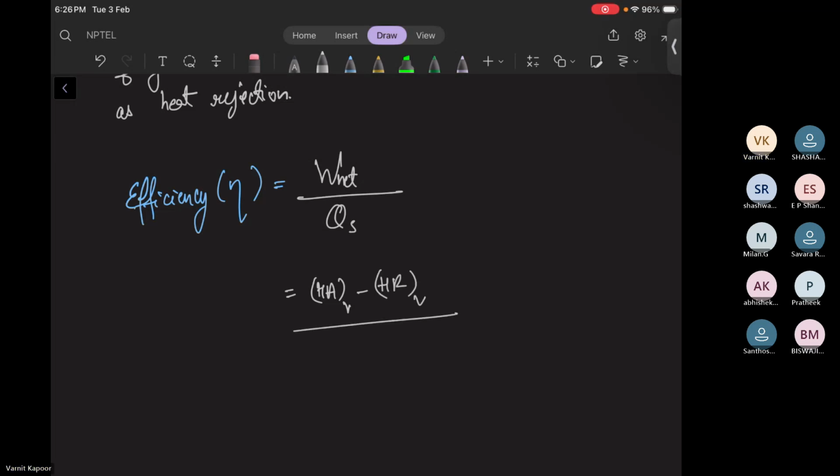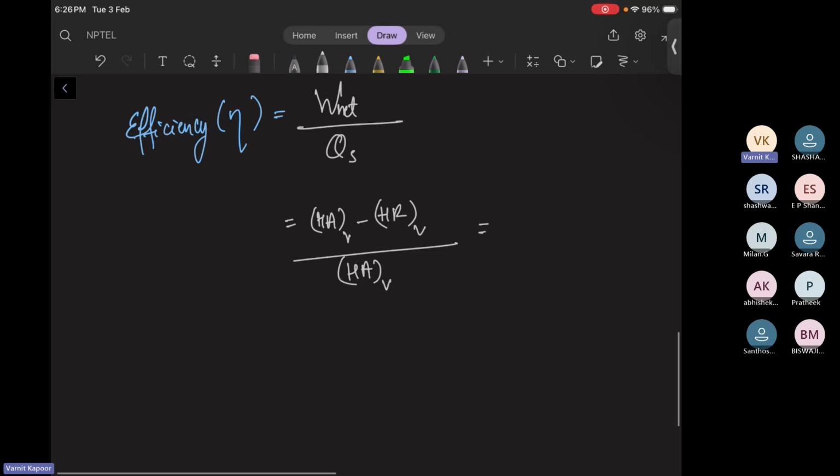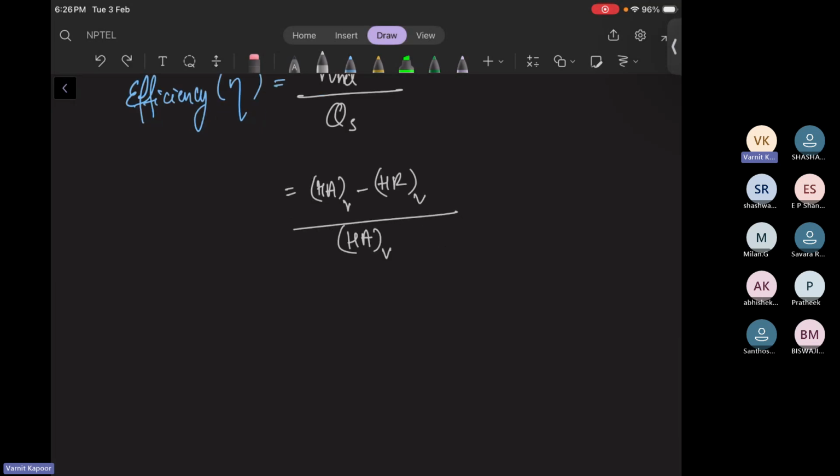It is heat addition at constant volume. Okay. So if you do it like this, what is heat addition? Net heat interaction is nothing but the net change in the internal energy of the system.